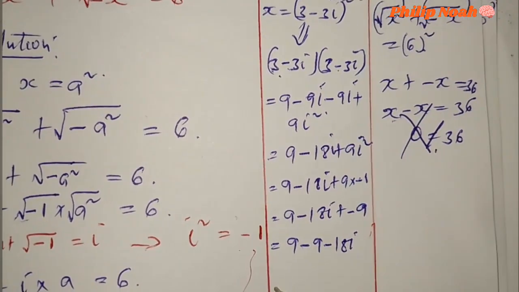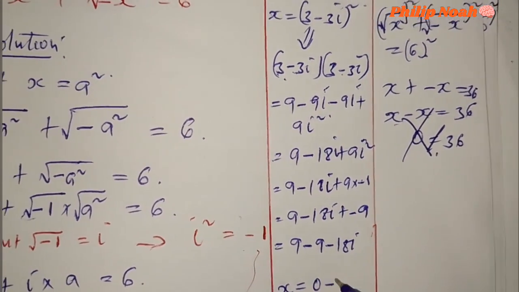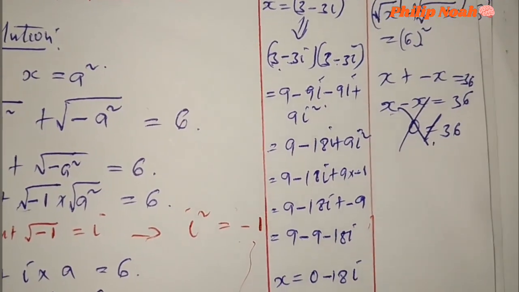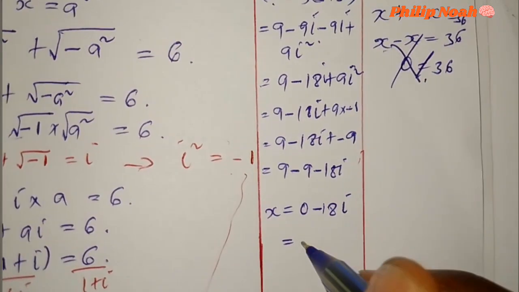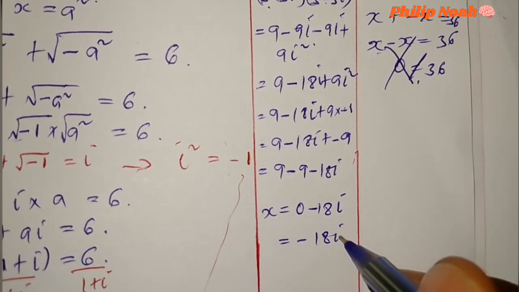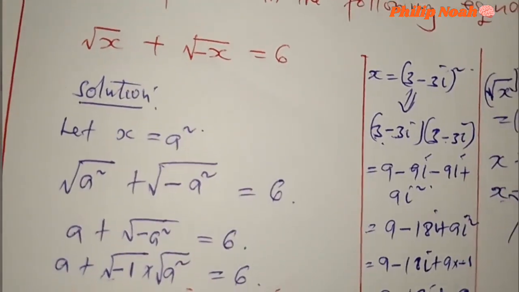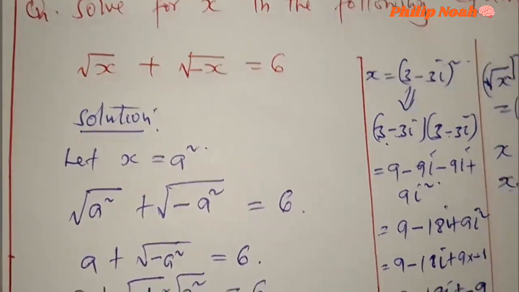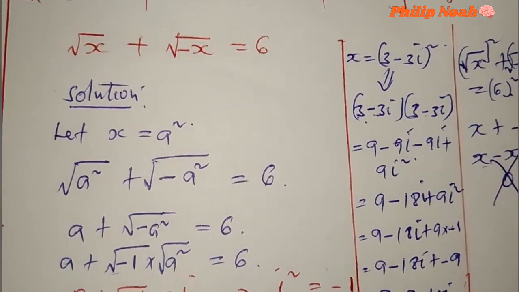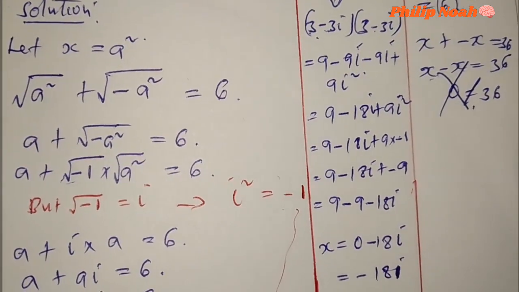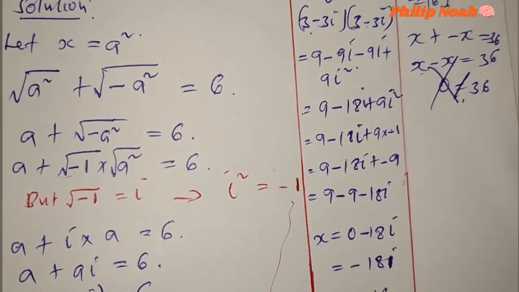And our x becomes 0 minus 18i, which gives us negative 18i as the answer. So the value of x is equal to negative 18i. But x also can be equal to positive 18i.